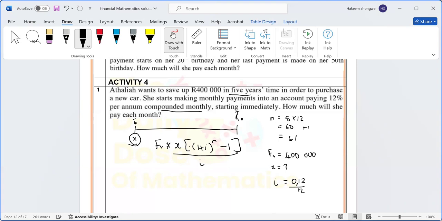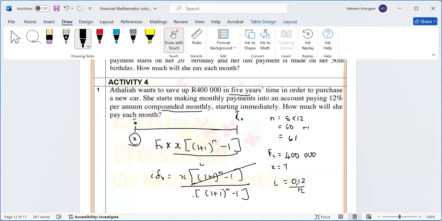How do you make X the subject? Multiply by I. So you have I times the future value, which is going to be X times 1 plus I to the power of N minus 1, and then you divide by 1 plus I to the power of N minus 1.